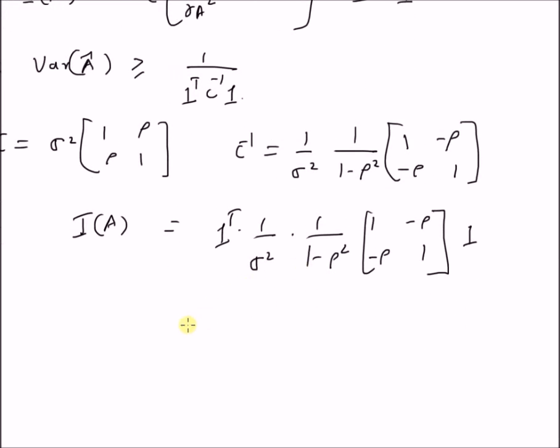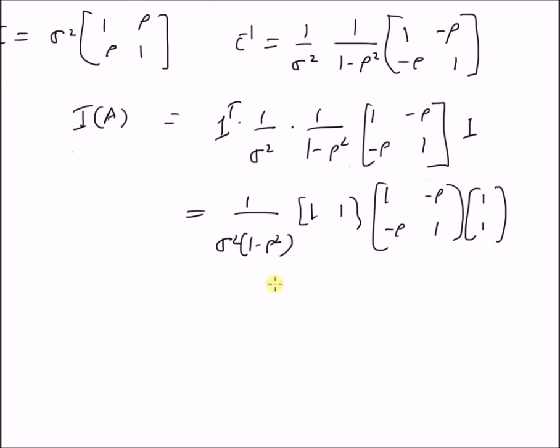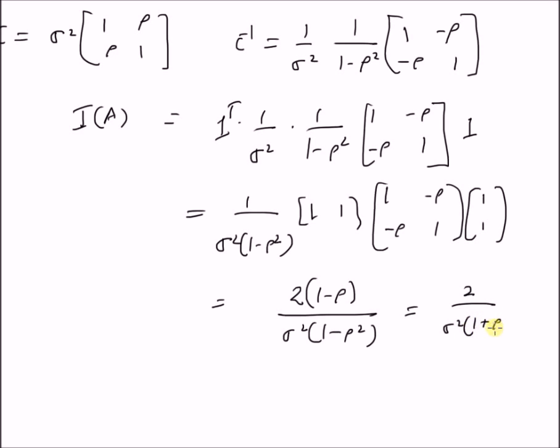So clearly this is equal to 1 by sigma square into 1 minus rho square multiplied by the row vector 1, multiplied by the matrix [1 minus rho; minus rho 1] multiplied by the column vector of 1s. So upon simplification, this clearly becomes 2 times 1 minus rho divided by sigma square into 1 minus rho square, which is clearly equal to 2 divided by sigma square into 1 plus rho.